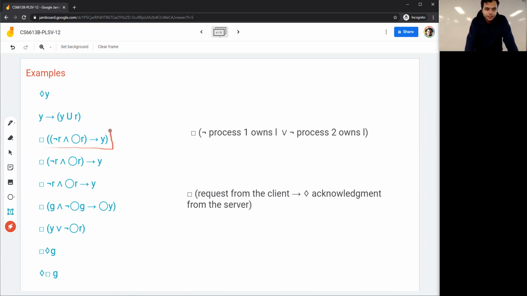What does this third formula say? And really note that I need to put these parentheses in. The parentheses are important. Any ideas?